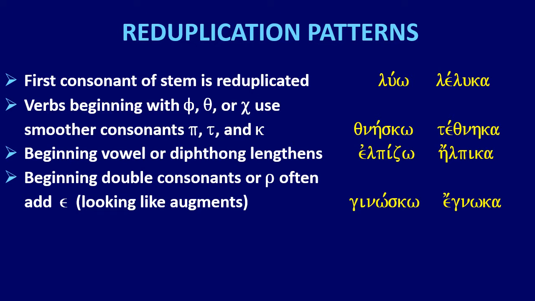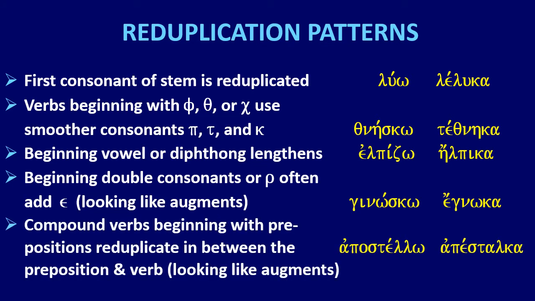And when you have a gamma and a nu like that together, or 2 consonants, or even a rho that begins the verb, then oftentimes there'll be an epsilon added. And when that happens, it almost looks like an augment. So you think that you might be dealing with, say, an imperfect tense verb, but that's not the case. This is actually still a perfect tense verb, egnoka. So quite a bit different from the example we saw with luo and leluka.